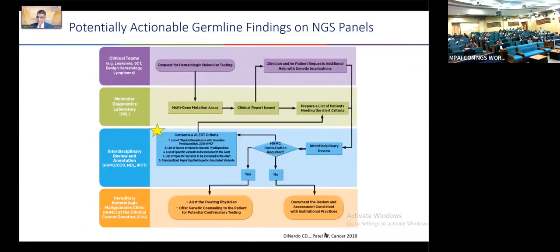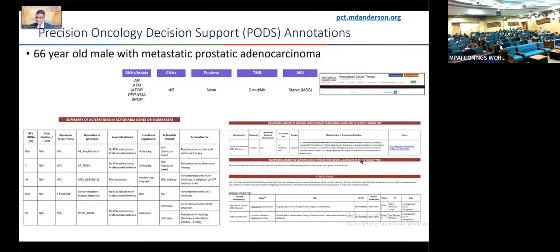Here are some more papers we published showing these clinical workflows and how we are able to identify these variants and, in a timely manner, alert the clinical teams and contribute to patient care. Obviously, when the panels get bigger, we reach the limitation of how much knowledge we can retain, as well as how much advancement in therapeutics we can keep up with.